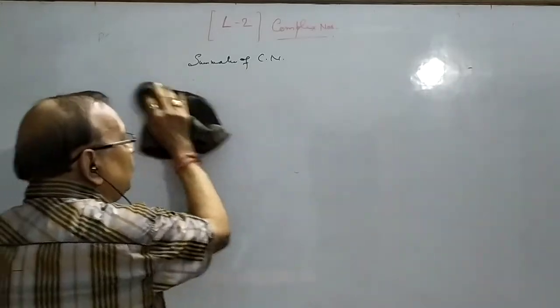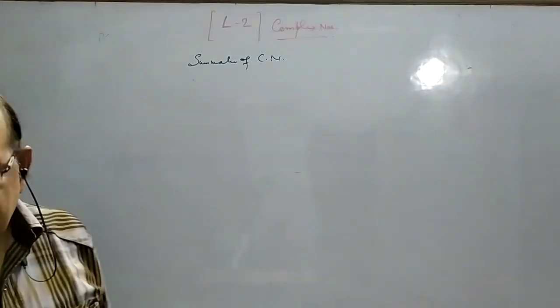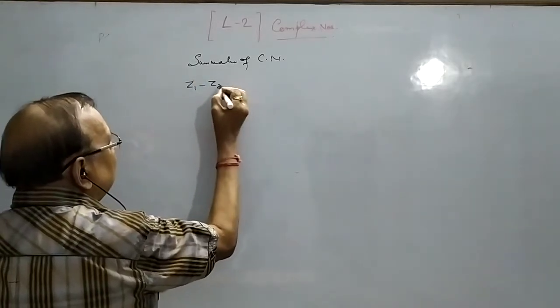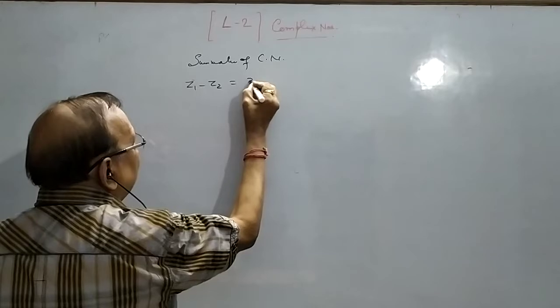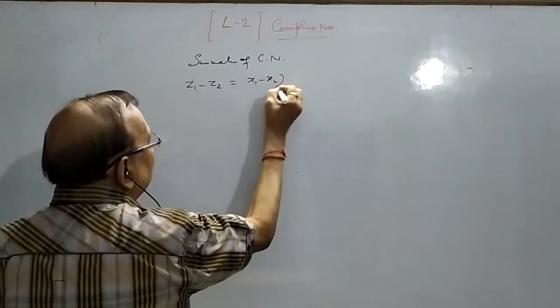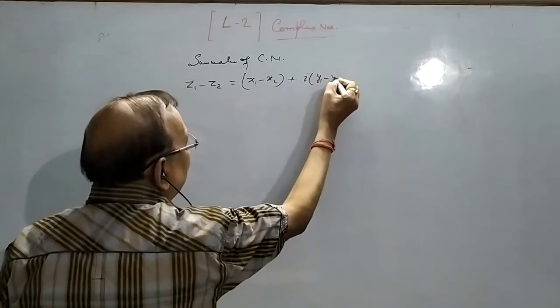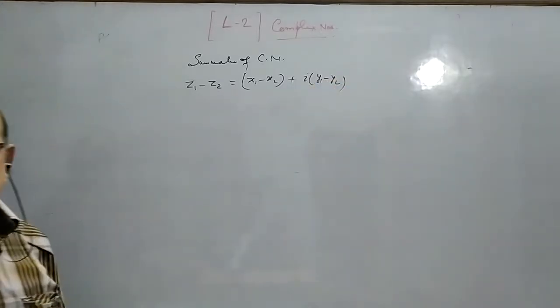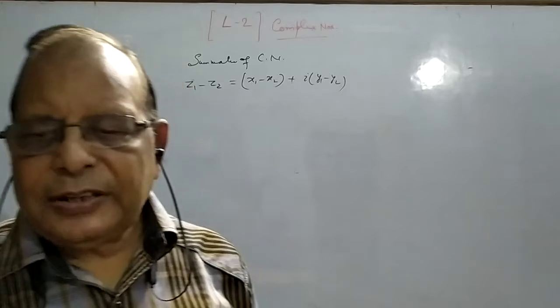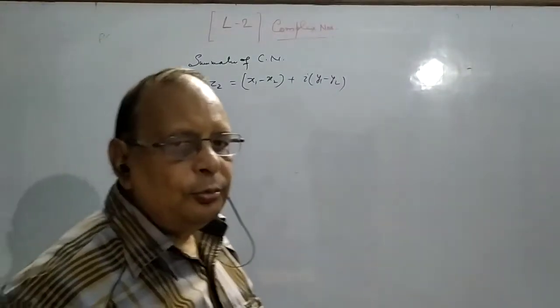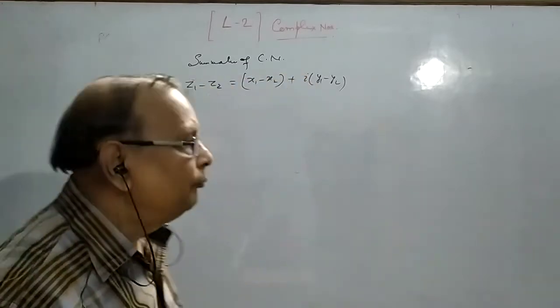Similarly, we get subtraction of the numbers. z1 minus z2 is equal to x1 minus x2, real to real, plus i(y1 minus y2). Conventionally, I have taken z1 is equal to x1 plus iy1 and z2 is equal to x2 plus iy2.